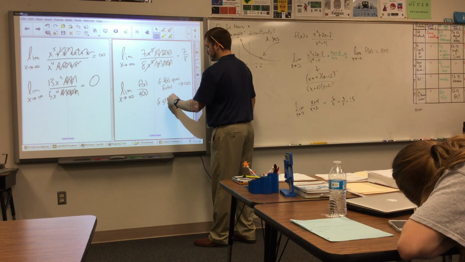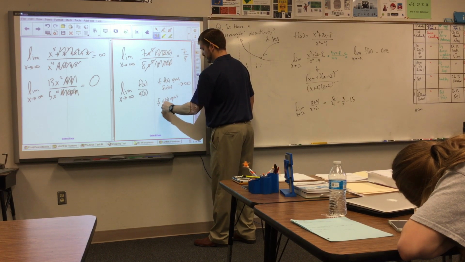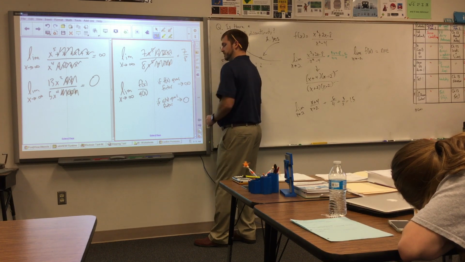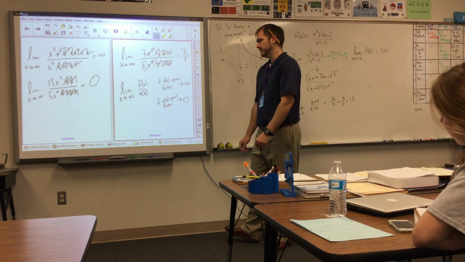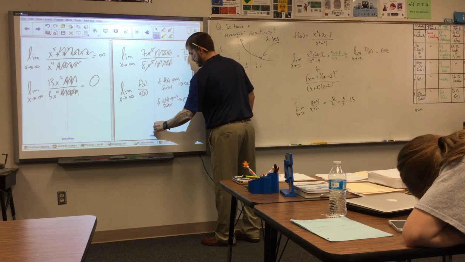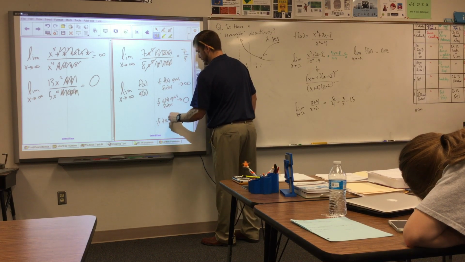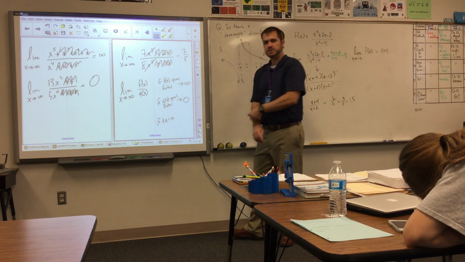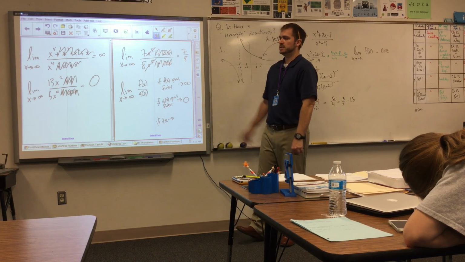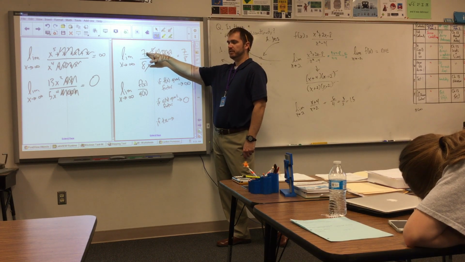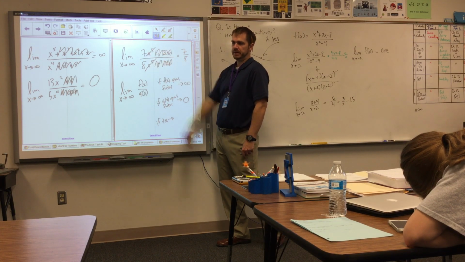If g of x grows faster, then you're approaching 0. If they tie, then it's the ratio of the leading coefficients. Leading coefficient means the multiplier in front of the term that has the highest exponent.